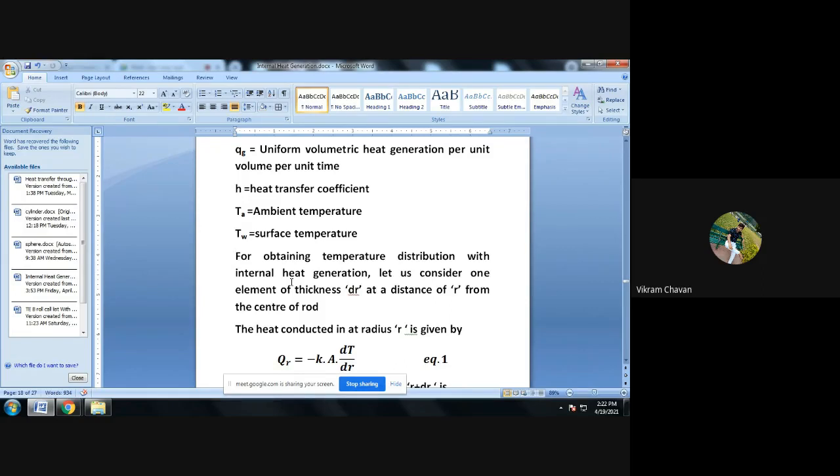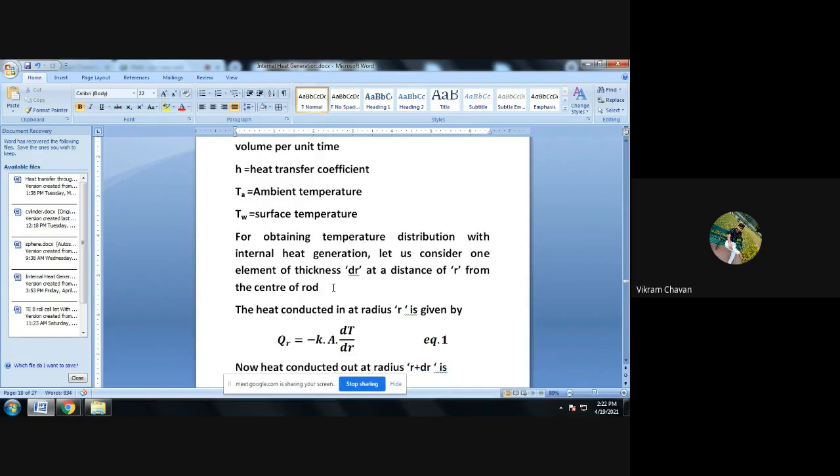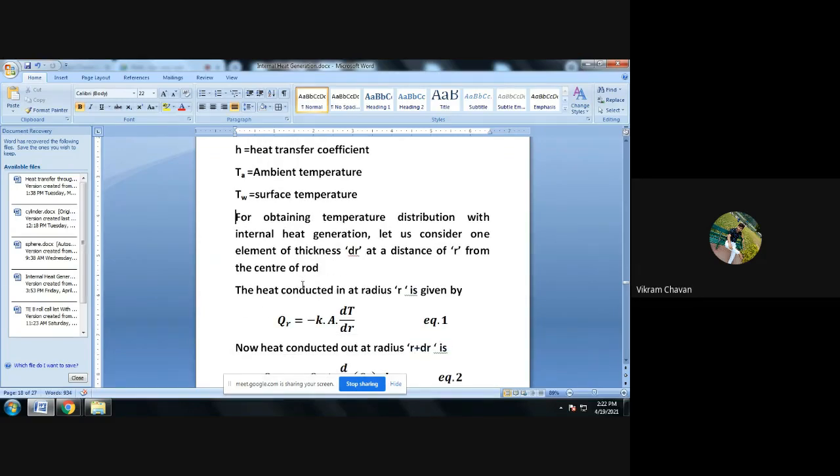So here we can say that q suffix r amount of heat is entering or transferring to that particular element, which is situated at a distance r. So this heat conducted to the element can be given as q suffix r.